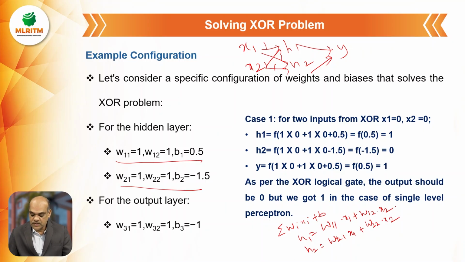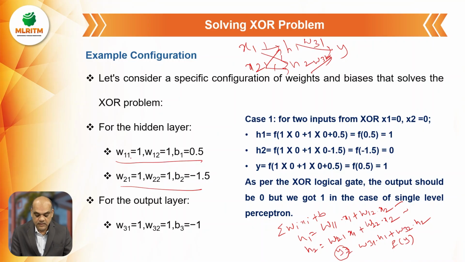So by using this formula, we can get the values of H1 and H2. In the same manner, from H1 and H2 to Y, this is W31, this is W32. How are we going to calculate Y here? Y equal to W31 into H1 plus W32 into H2. By calculating this, we get the value of Y, that is, Y is the output here. Based on the output, we are going to apply the activation function, so that means we are going to get f of Y.